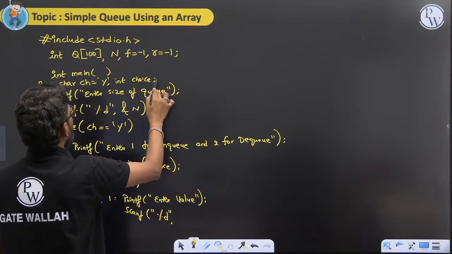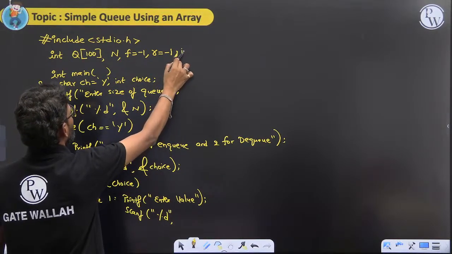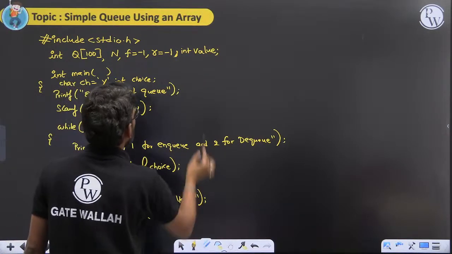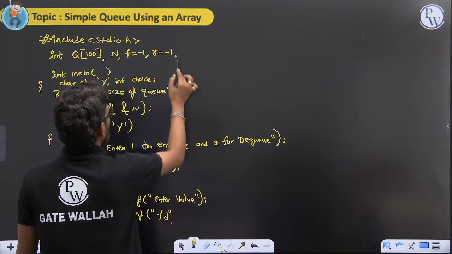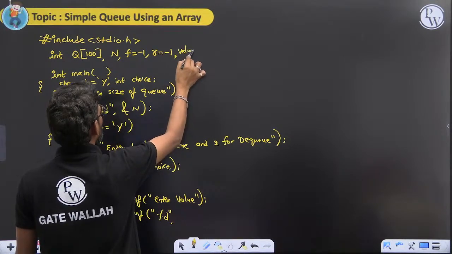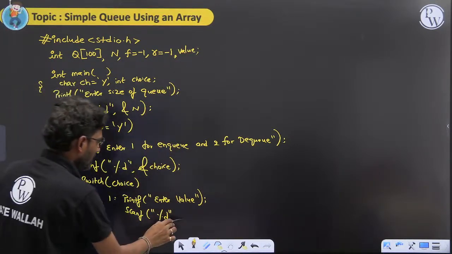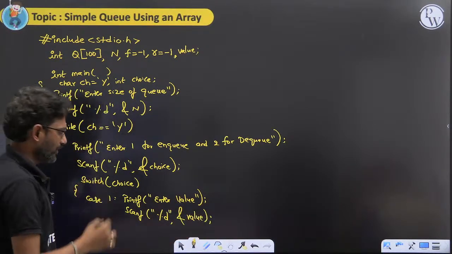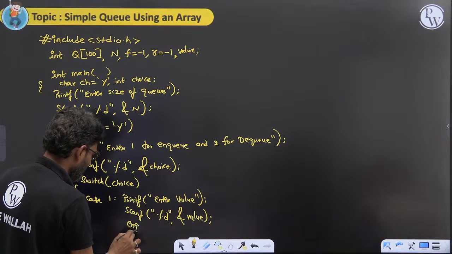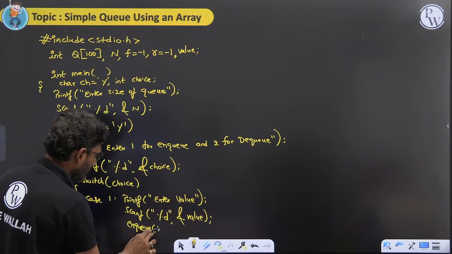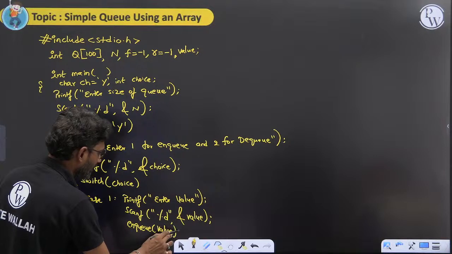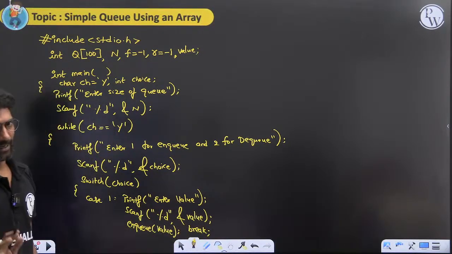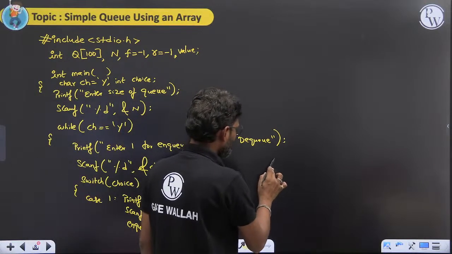Okay. Now let me call enqueue function by passing this value as argument and I say break.